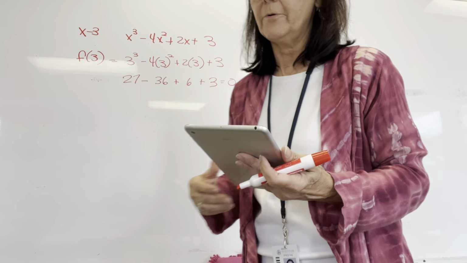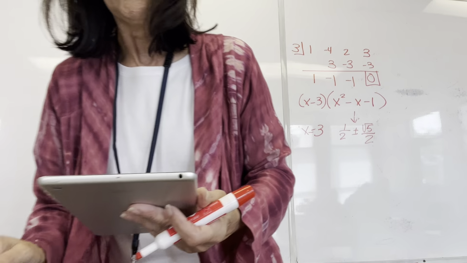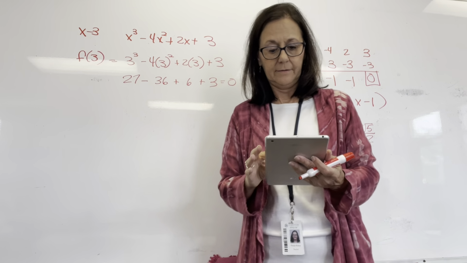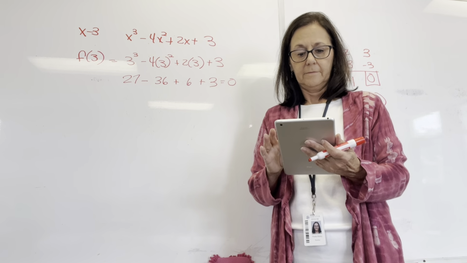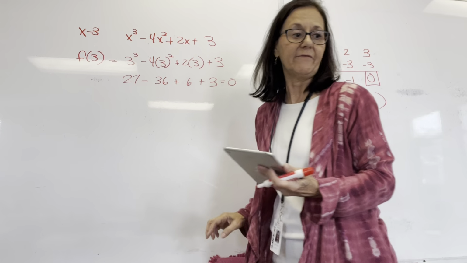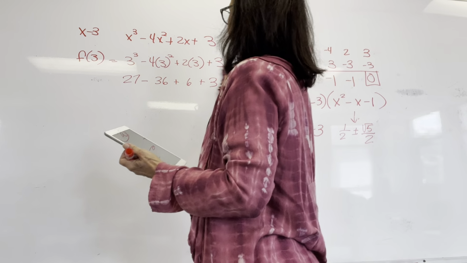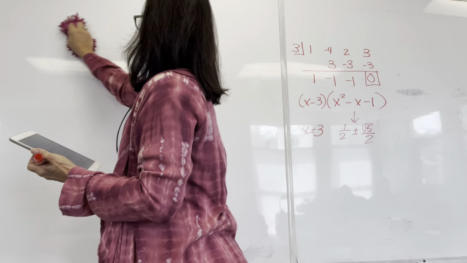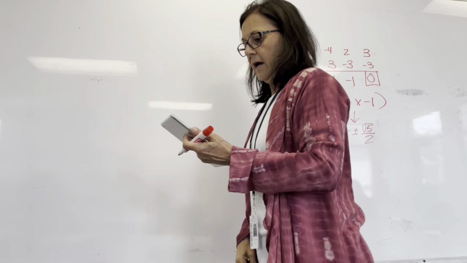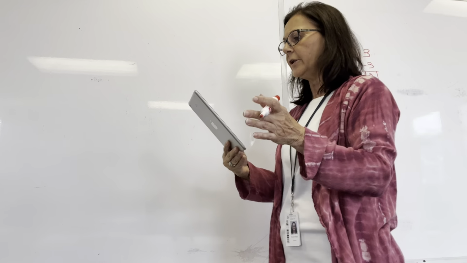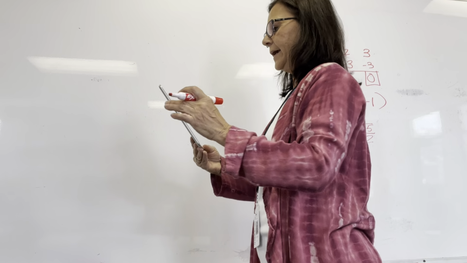All right, so look at example. I want to jump real quick to 8. And then we'll go back to 7. All right, it says find 3 different polynomials of different degrees.